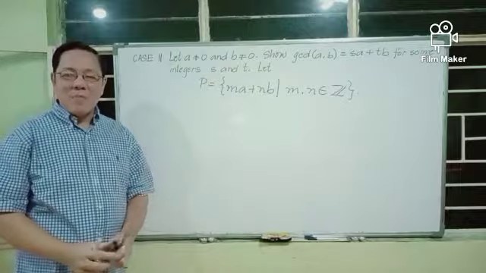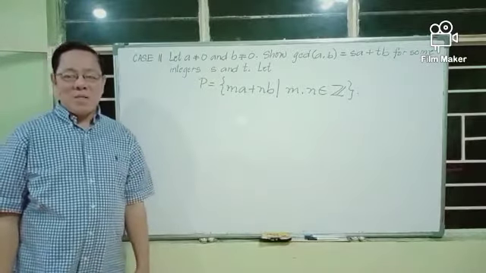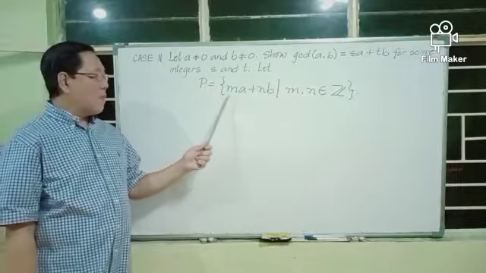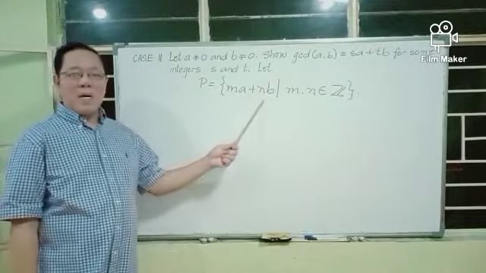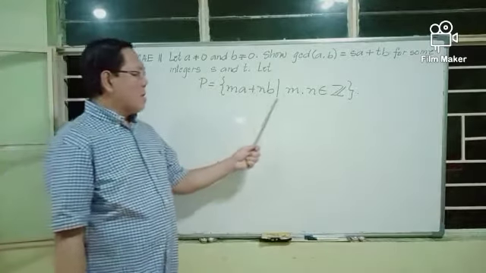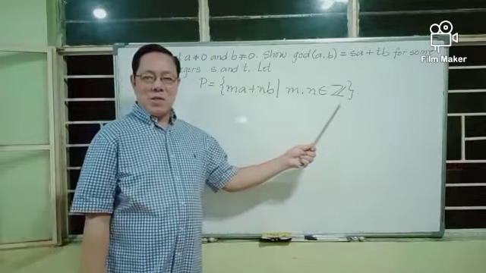Again, we let capital P be the set of all linear combinations of the integers a and b. So P is the set of the linear combinations of a and b of this form, ma plus nb, such that m and n are integers.